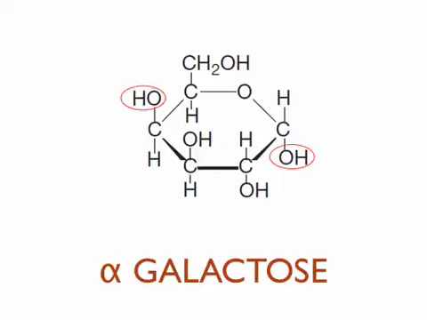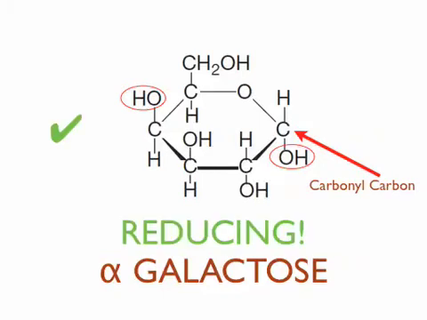This carbohydrate you don't need to know, but if you were given this diagram, you would need to be able to deduce whether or not it is reducing or non-reducing. So what would you do? You'd look for the carbonyl carbon. You'd ask yourself, is it involved in bonding to a neighbouring saccharide? The answer is no, therefore it's free, therefore galactose is a reducing sugar.